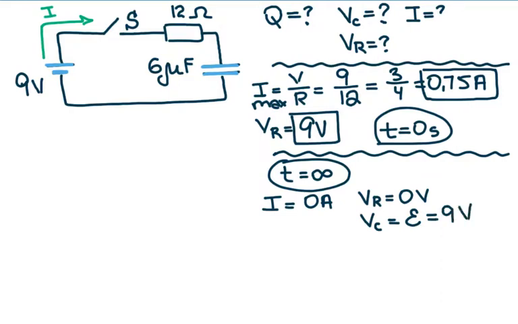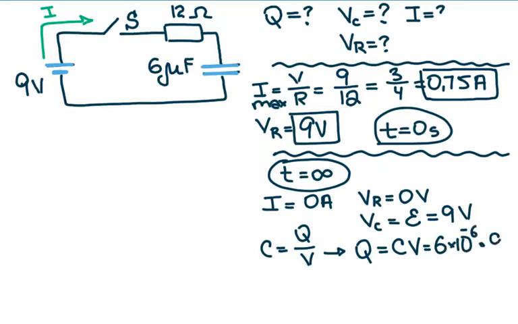So from here I know that the capacitance is equal to charge per voltage, and I can figure out the charge on the capacitor as the capacitance times the voltage. The capacitance is 6 microfarads and the voltage is 9. So the charge on the capacitor a long time after the switch has been closed, when the capacitor is fully charged, is 54 microcoulombs.